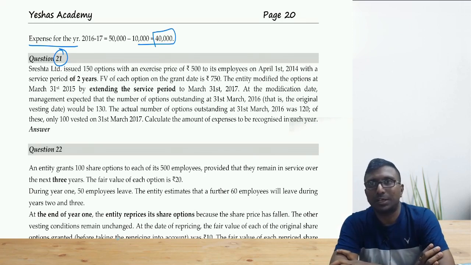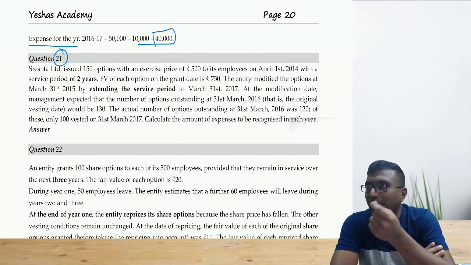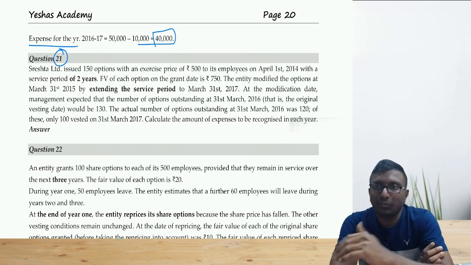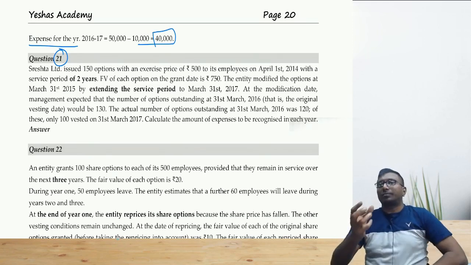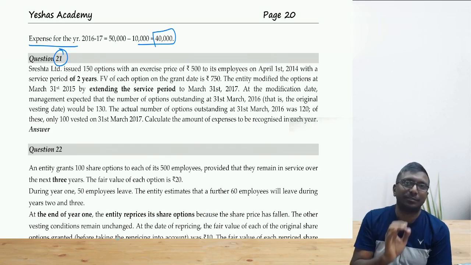That's all. So there is nothing to charge in the third year, right? What do you do? Excess difference will be there. 120 was there in the last year. Now it has become 100. To that extent you are supposed to reverse it. Then it will be vested. Understood? You must have made the SBPR for 120 people on 31st March 2016.